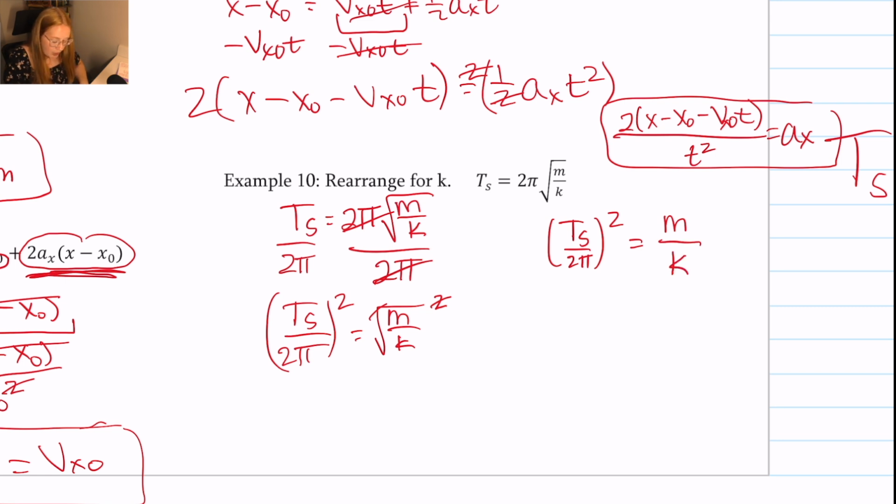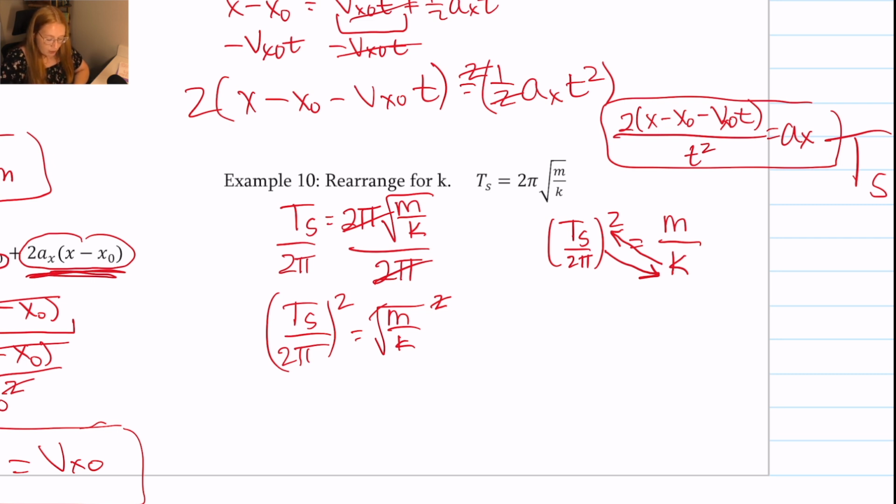Okay, so when you have a variable in the bottom of the fraction, what's essentially going to happen is the variable in the bottom is going to go up to the other side, and then whatever's on the other side will go back down where the old variable was. So essentially they're swapping places. The k will go up, the T S 2 pi squared or whatever it is will go down to where the k used to be. And you'll see in our solution that that's actually what happened.